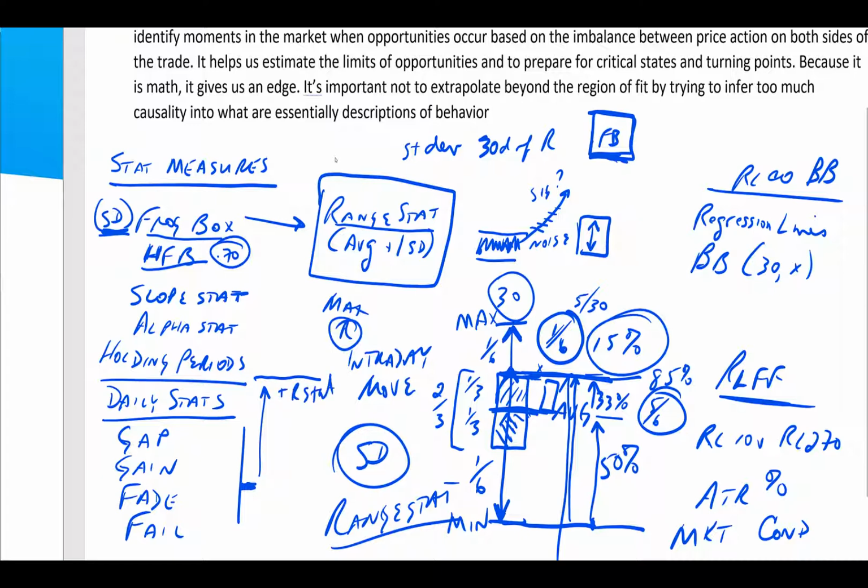And if it went down from there, the most we could reasonably expect it to move would be a minus range stat. And now that gives us the normal professional distance that it could move from the opening on a normal day. Now, we don't know that today's going to be normal or abnormal, and we wouldn't call it abnormal until it has moved more than a range stat away from the opening.